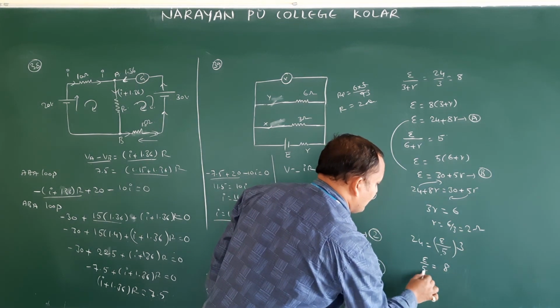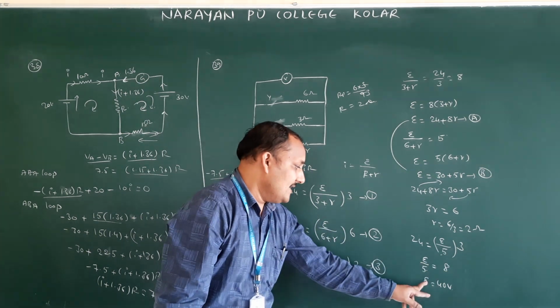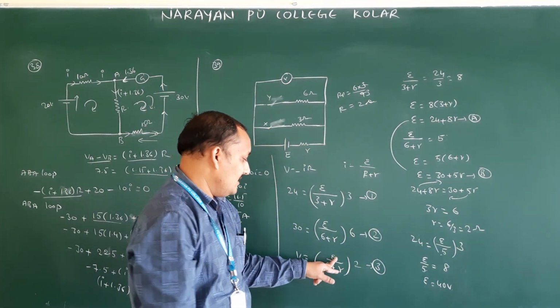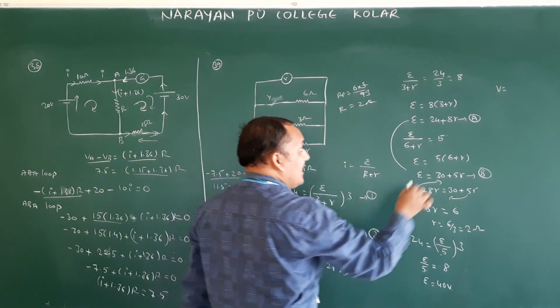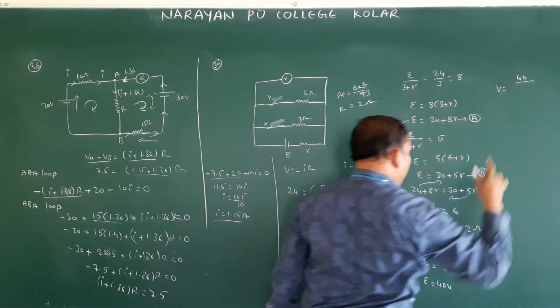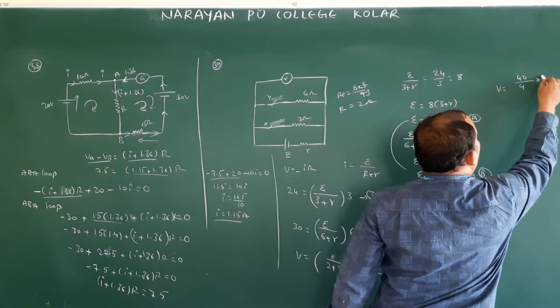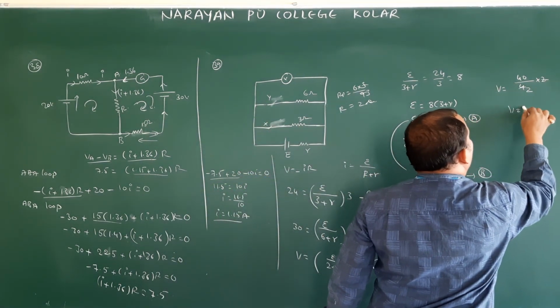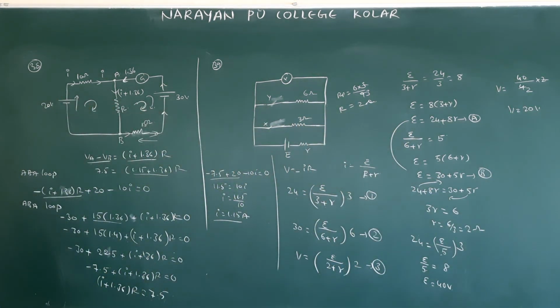Then E is equal to 40 volts, 5 into 8. Substitute this E value here: V is equal to 40 by (2 plus 2), into 2. Then V is equal to 20 volts. Okay.